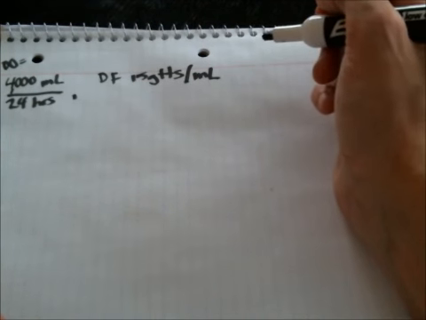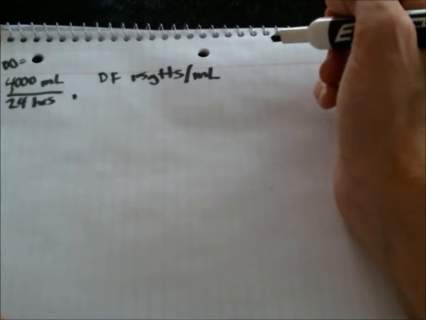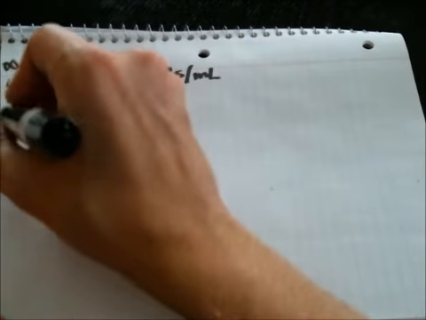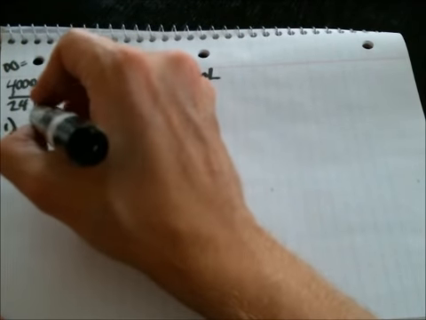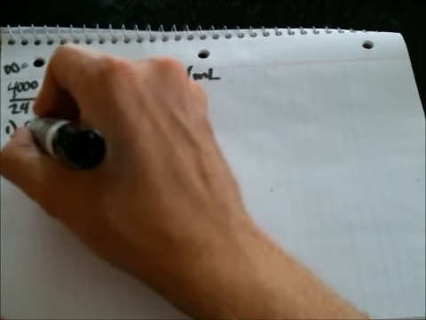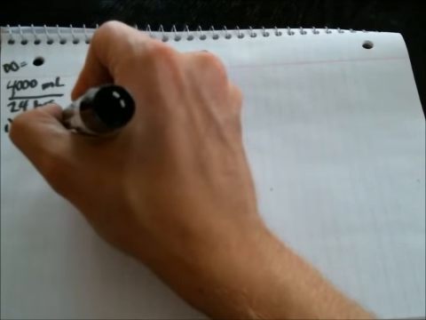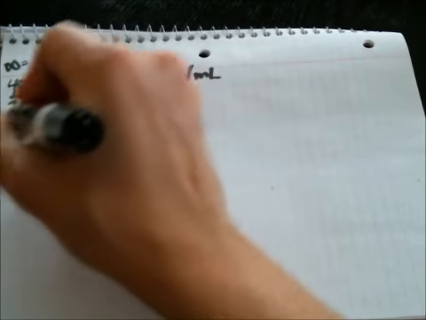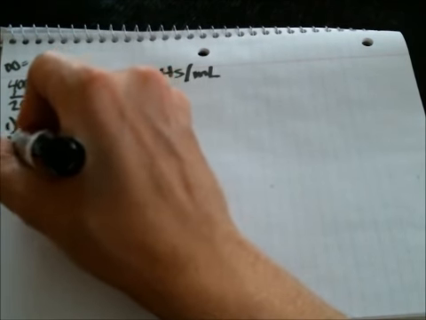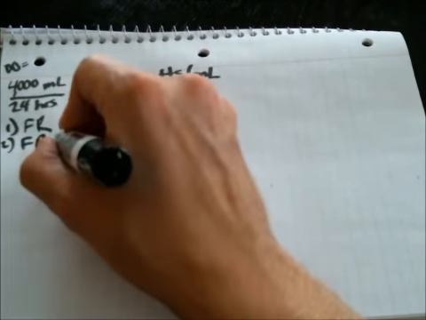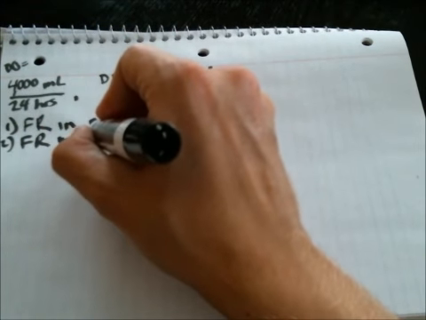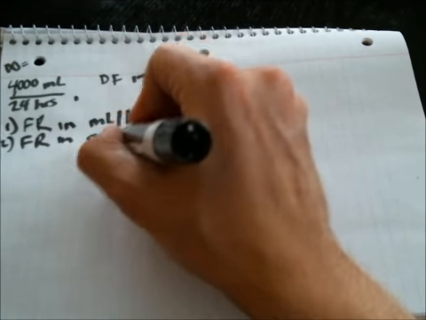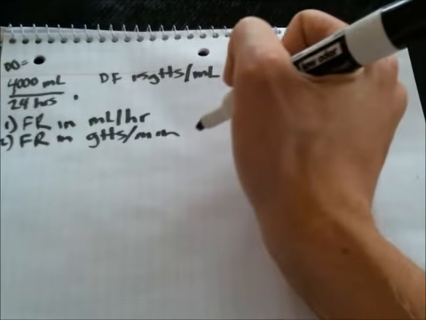Right? That's all we have. The 2 questions. One is calculate the flow rate in milliliters per hour. And 2, calculate the flow rate in drops per minute. Okay?